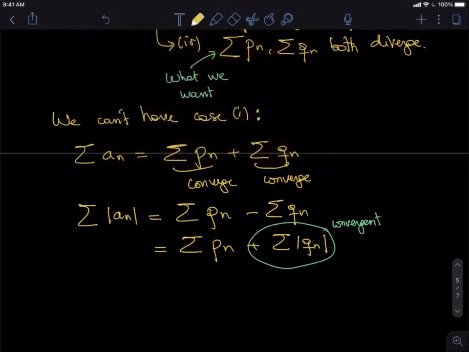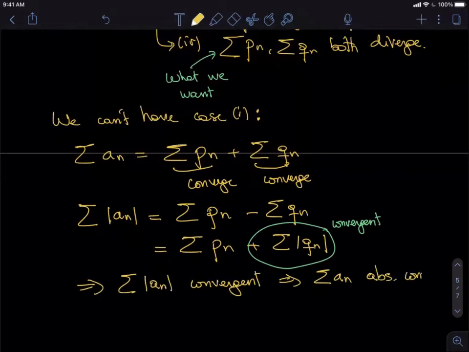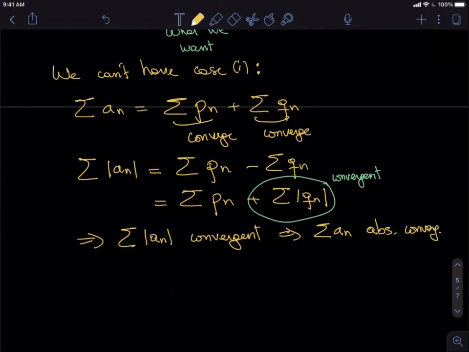So when we put all this together, this means that the sum of the An is convergent, which means that the original series is absolutely convergent, which we know was not, because we assumed it was conditionally convergent. So this cannot be.